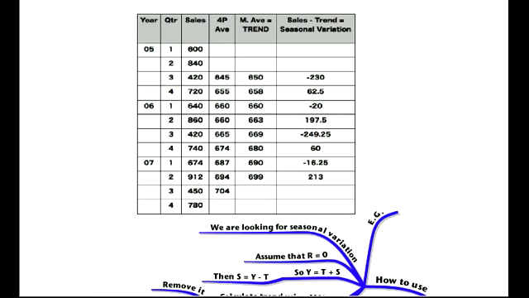Our trend is 650. 420 less 650 is minus 230. So looking on down to 2006 quarter 3, again we see that it's minus 249.25. Now that'll be expected because what we're starting to identify is that in quarter 3 there's some sort of seasonal variation that is bringing our sales down, and that's what we're trying to identify.